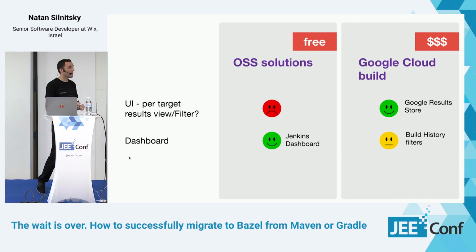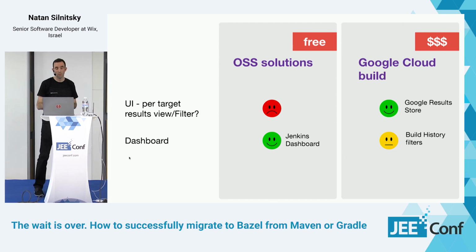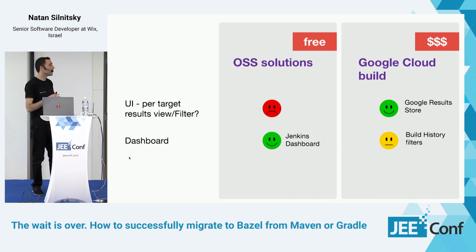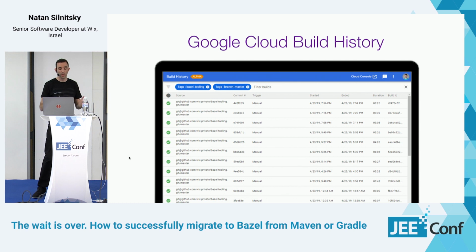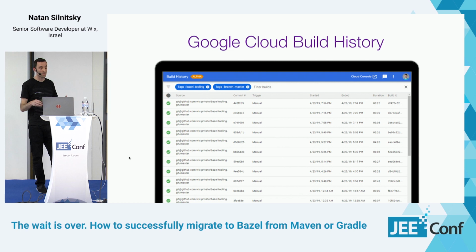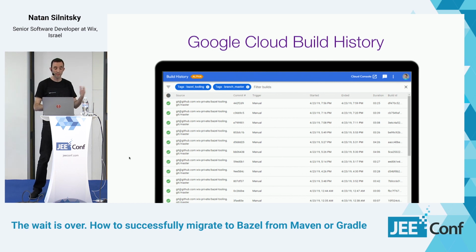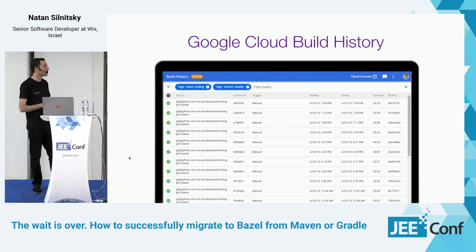What about the build server dashboard? So with Google Cloud, it's still a pretty immature product. Basically, they just have one view with all of the build history, and you can filter according to which repository you're interested in. So this list contains all of your organization's repositories and all the branches, so you need to filter according to master branch if you want to see master builds. So it's not very convenient.